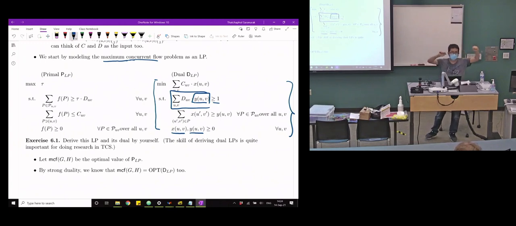You want to assign points u and v so that y_uv in total is bigger than 1. Why do I say that this is a distance?